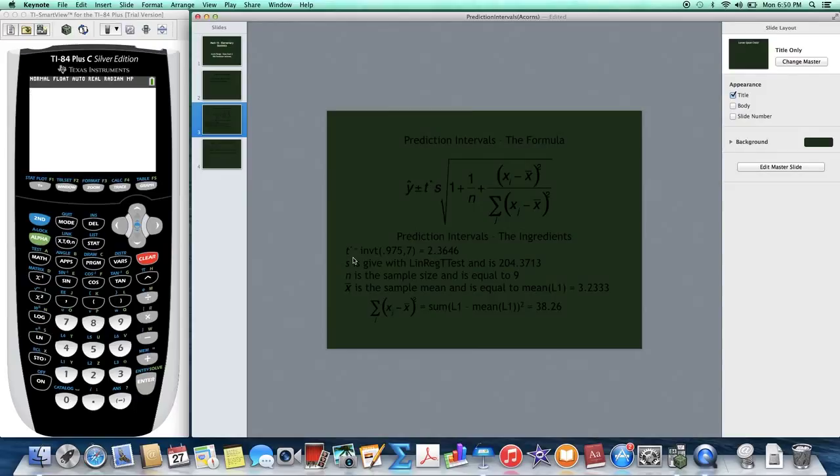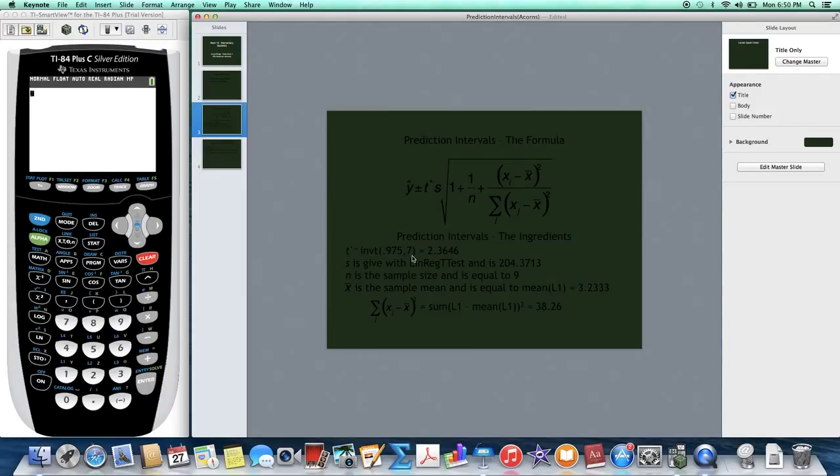And I'm doing all of these prediction intervals at a 95% level of confidence. So what we need is the 97.5th percentile of the t distribution with 7 degrees of freedom. Now the formula for degrees of freedom here is n minus 2, so the 7 comes from 9, which is the sample size, minus 2, which is 7.